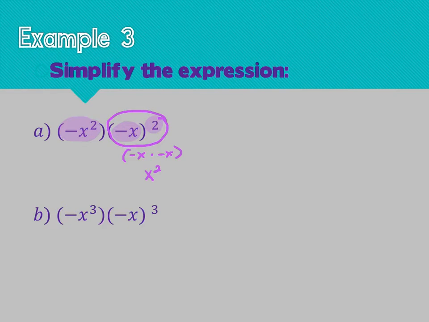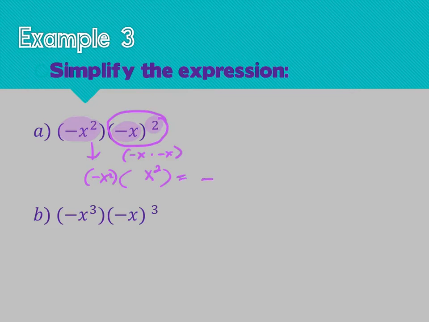So if it's negative inside the parentheses, even number outside the parentheses, the negative goes away. If it's a negative number inside the parentheses, but an odd exponent, negative's going to stay, which we'll see in the next example. So then this becomes negative x squared times a positive x squared. The coefficients are -1 and +1, which means this is negative.